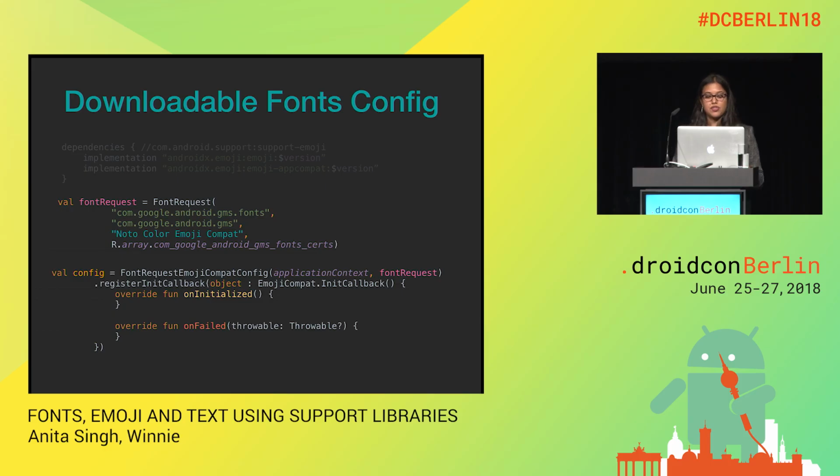And then you have the font request emoji compat config, which has the on-initialized and on-failed callbacks. And then you call emoji compat.init with the config.